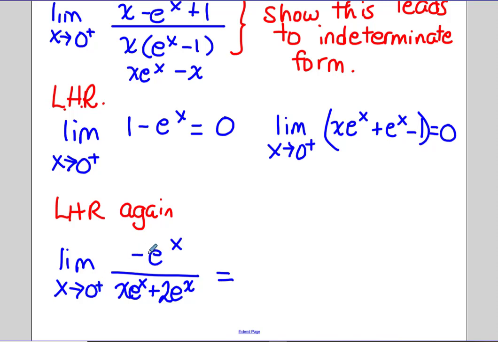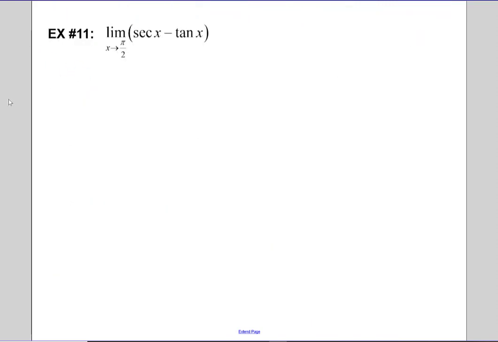So we have negative e to the 0, which is negative 1. And this is going to be 0 and 2 times 1. So our limit is negative a half. Lots of algebra. You just need to be careful.